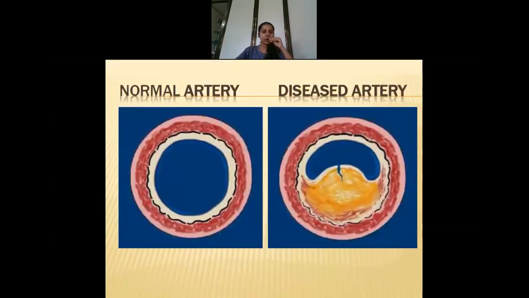Now, coronary artery disease or IHD is one of the major blood vessel disorders, where the blood vessel gets narrowed. This is a normal artery and this is a diseased condition with CAD. Here the blood vessel gets narrowed because of a deposition of fat, also called atheroma or plaque.